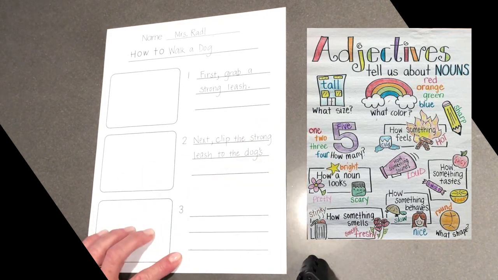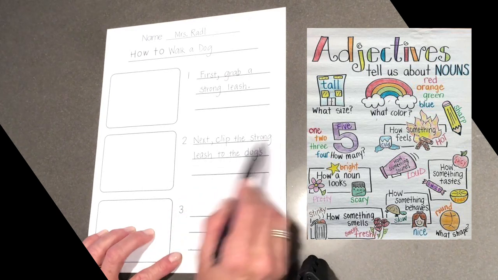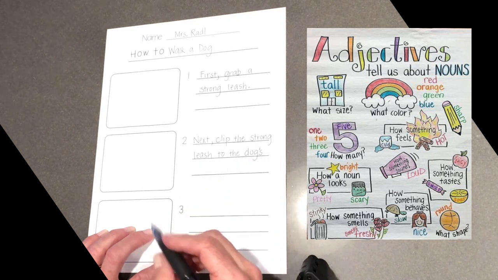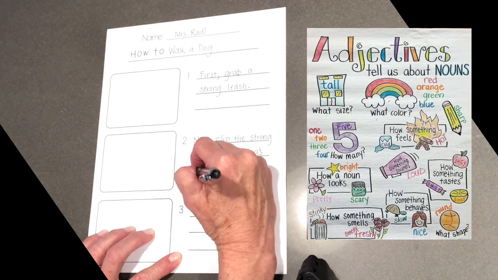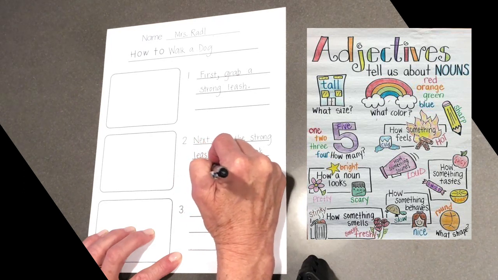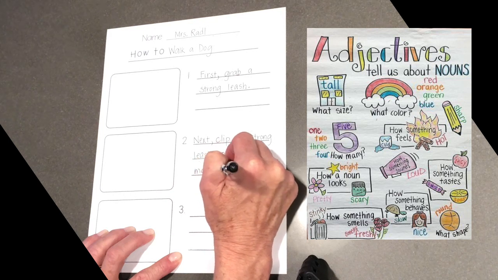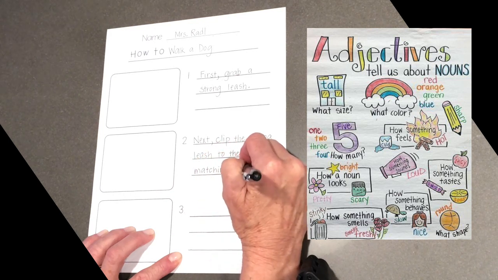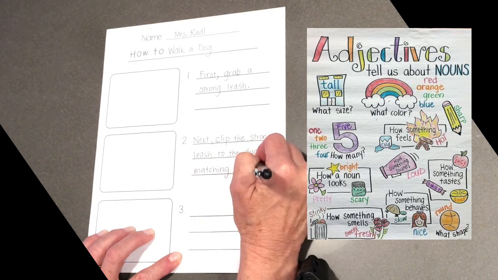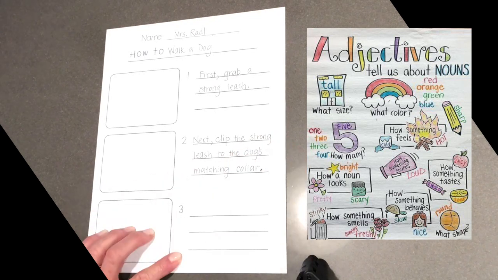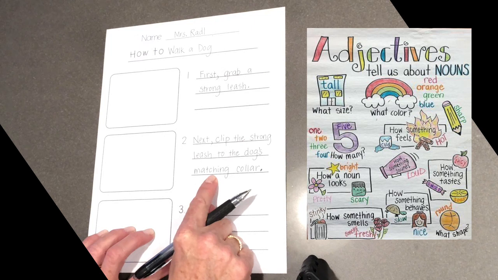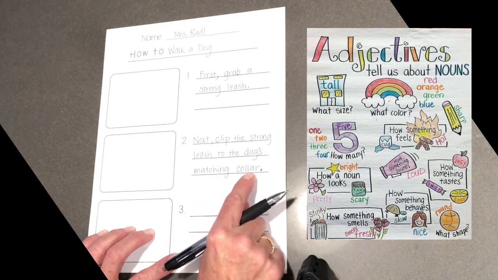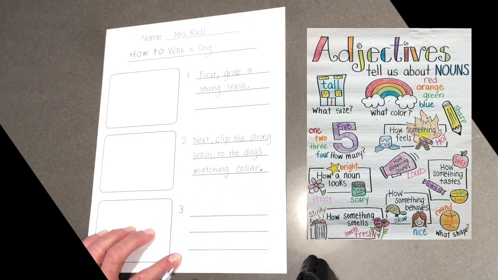Or actually, we're going to clip the strong leash to the dog's matching collar. That's a long word. Matching collar. Notice how I have spaces between my words. And now I have another adjective in my sentence. Matching collar. That describes the collar.